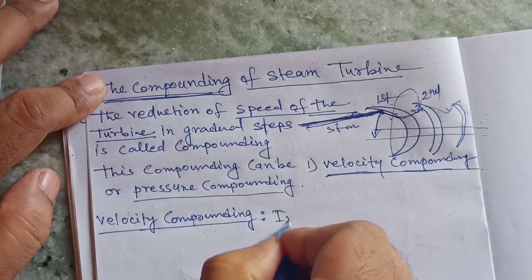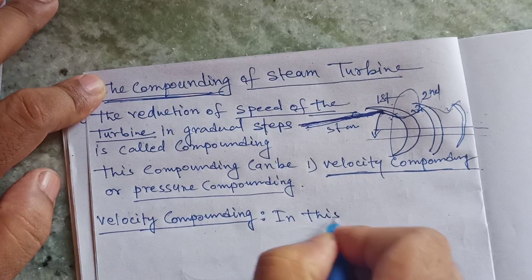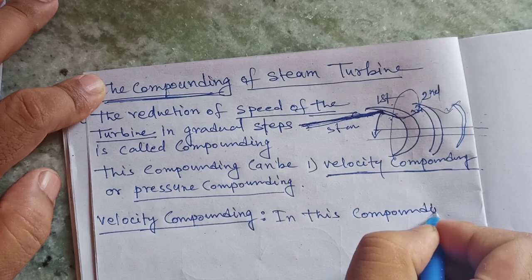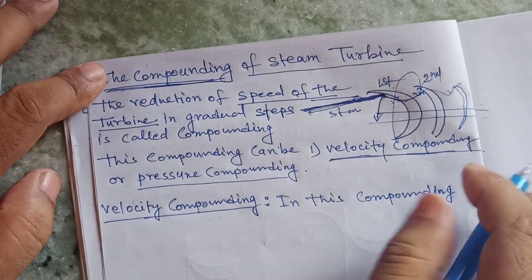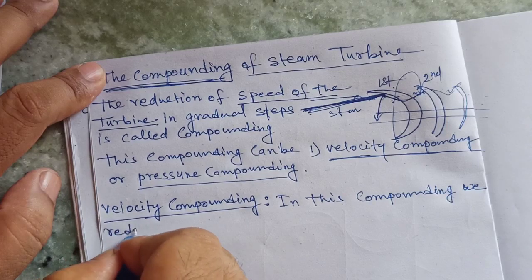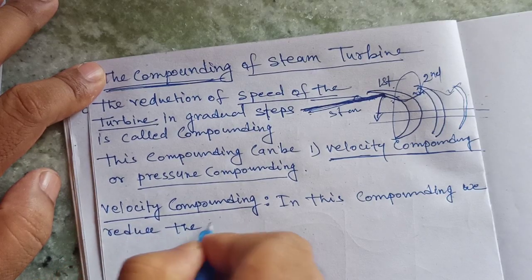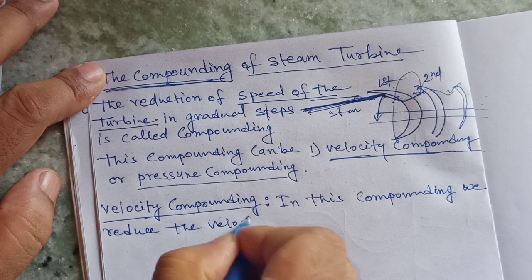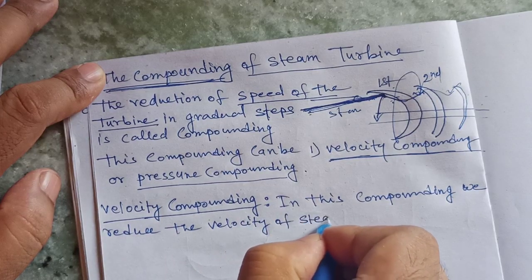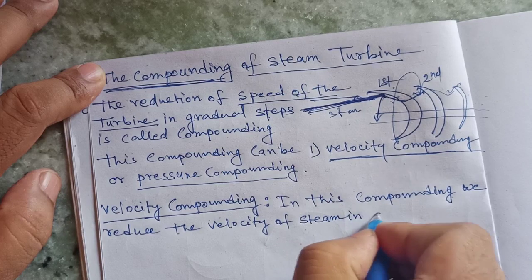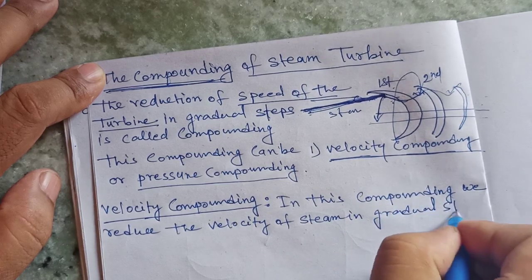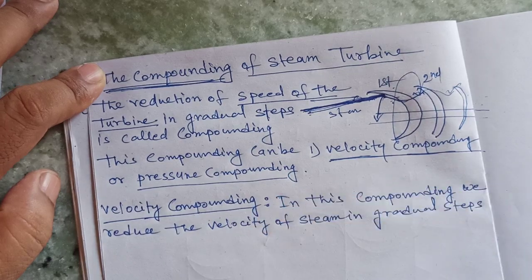So in this compounding we reduce the velocity of steam in gradual steps.